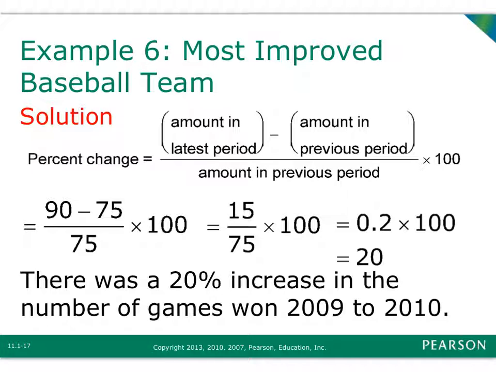So we had a change of 15 games out of a total of 75 games in 2009. We get 0.2 times 100. So there was a 20% increase in the number of games won from 2009 to 2010.